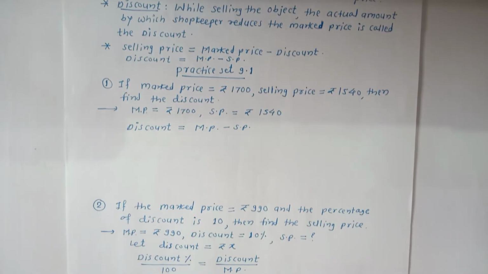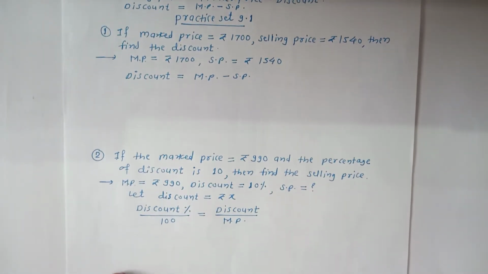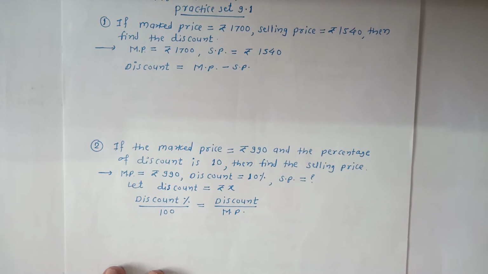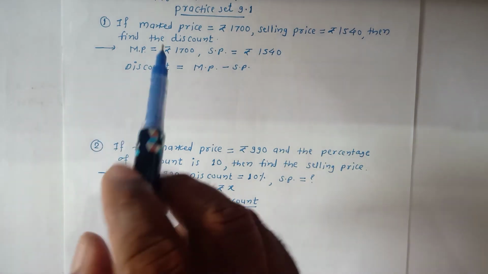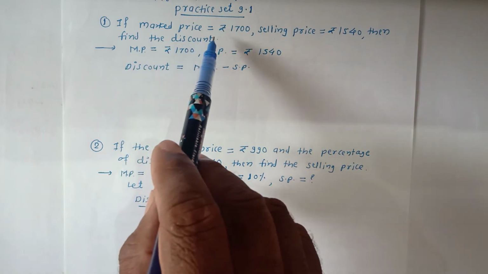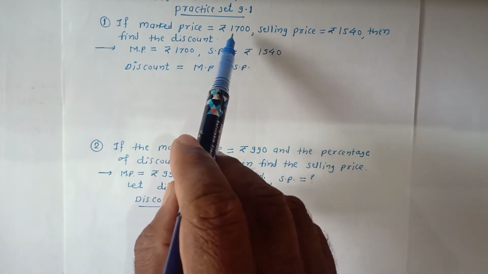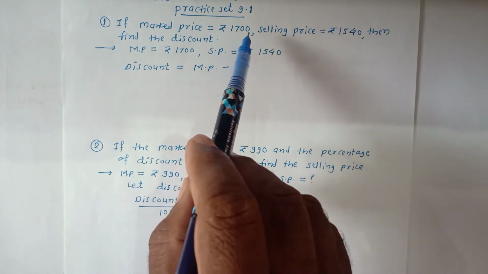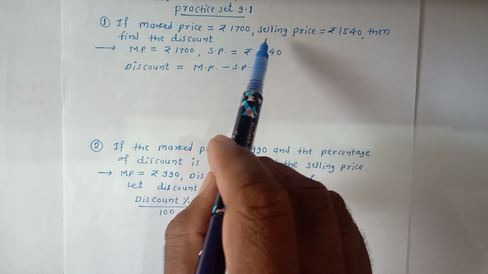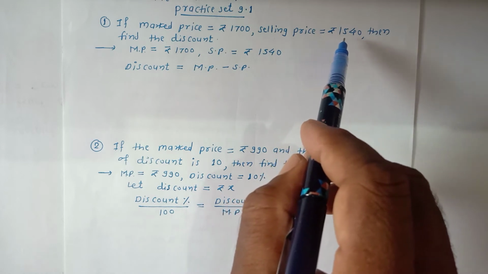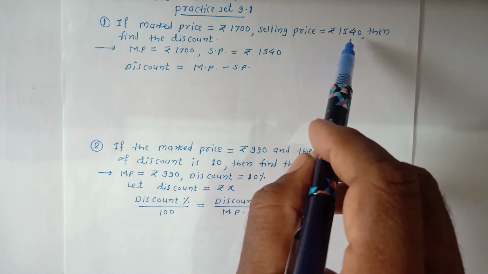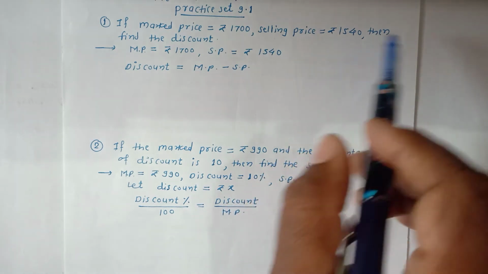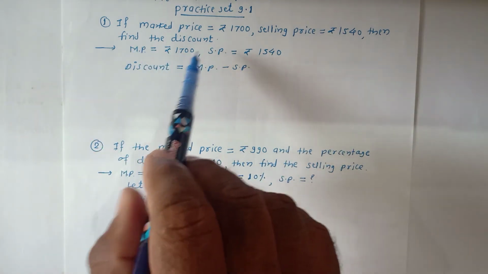Now let's solve practice set 9.1. Example number 1. If mark price is equal to rupees 1700 and selling price is equal to rupees 1540, then find out the discount.